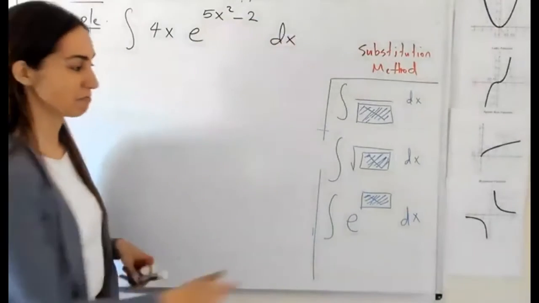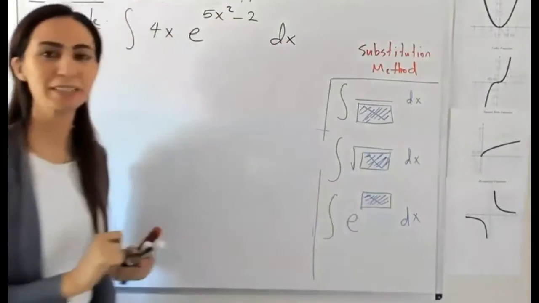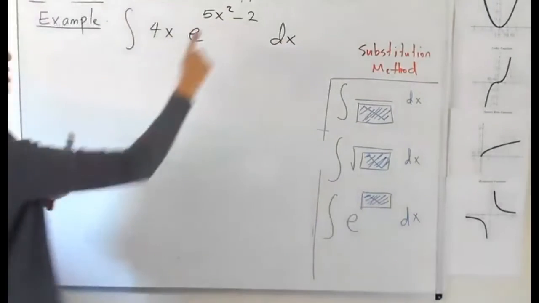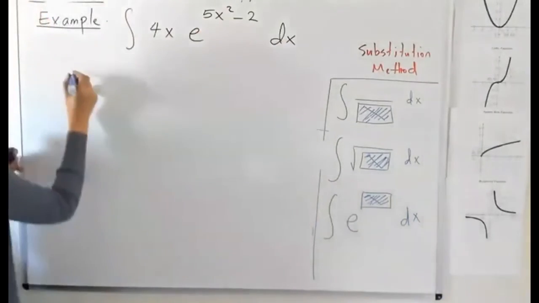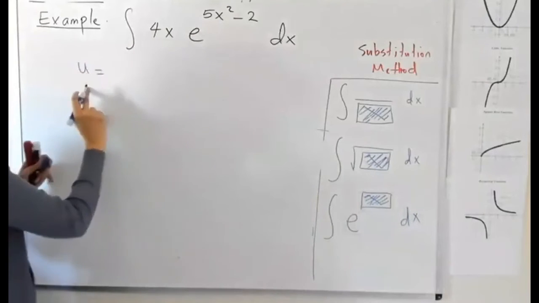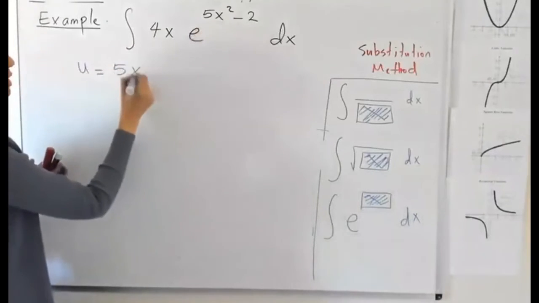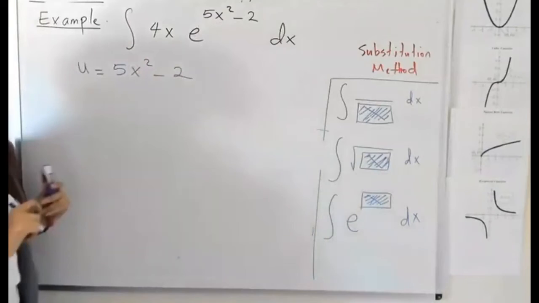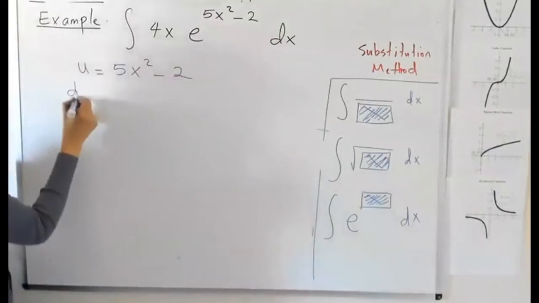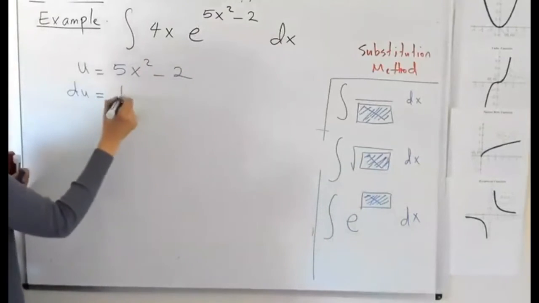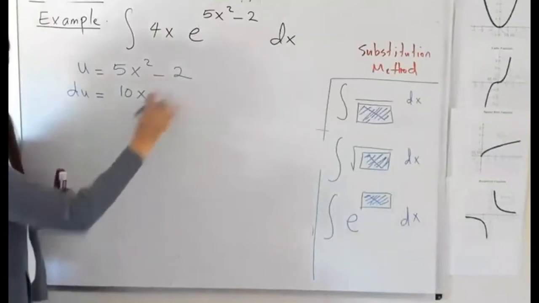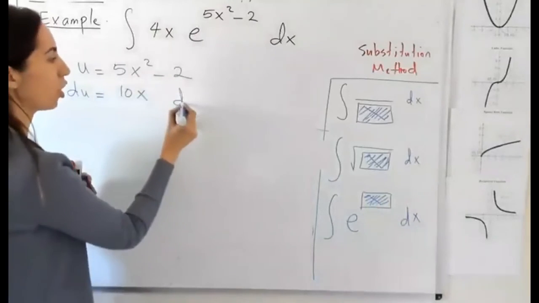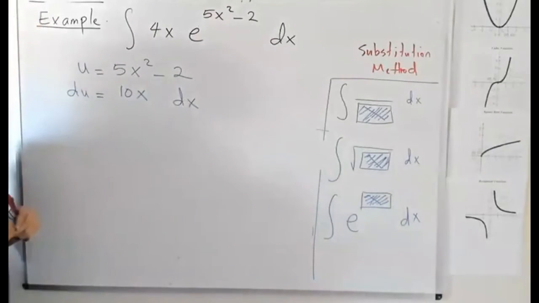Very well. We have e raised to an exponent. We look at our exponent, 5x squared minus 2. So we say, hey, let u be 5x squared minus 2. du, or the derivative of u, is 10x. The derivative of negative 2 is just 0, times dx.